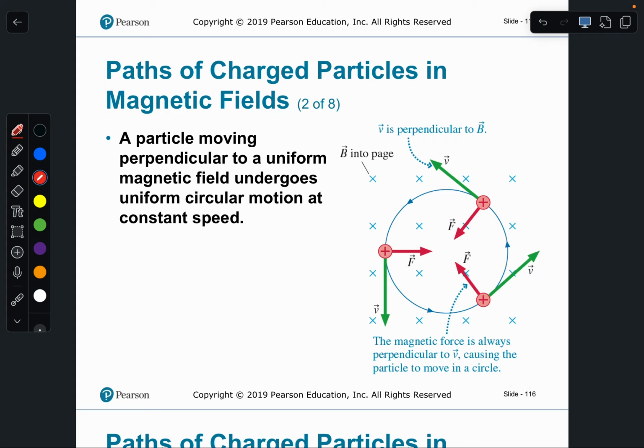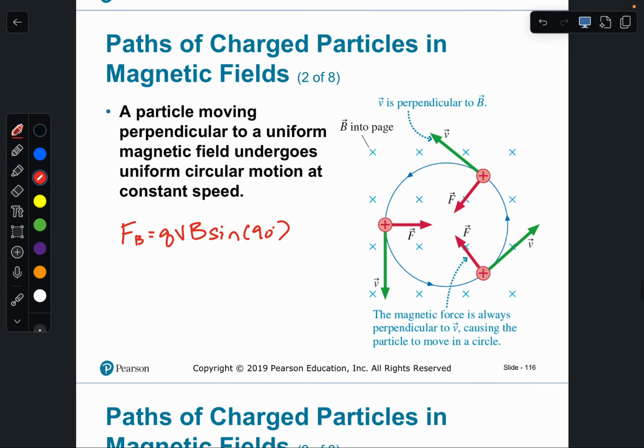So the magnetic field is constant, and the force will be equal to QVB. The sine is going to be sine of 90, which is 1, because everything is perpendicular to each other. The B field is pointing into the page, the velocity is perpendicular to that, and so the force will be perpendicular to those two vectors.